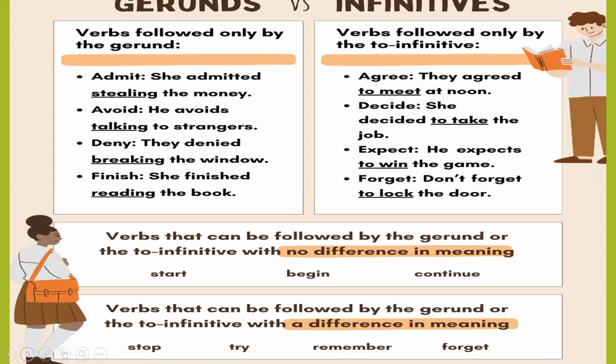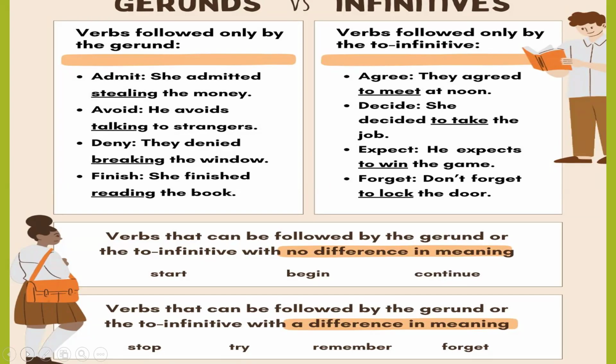Verbs followed only by gerunds. What are the verbs? Admit, avoid, deny, finish. Kindly keep these in mind. These words always come along with gerunds. Admit: she admitted stealing the money. Here it's a gerund; "to steal" would be wrong.